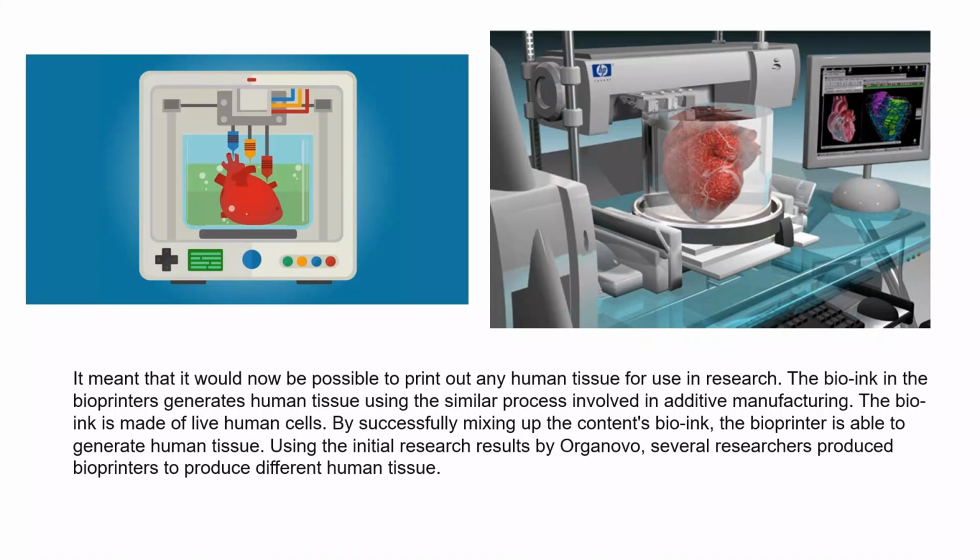The bioink is made of live human cells. By successfully mixing up the contents of the bioink, the bioprinter is able to generate human tissue. Using the initial results by Organovo, several researchers produced bioprinters to produce different types of human tissues.